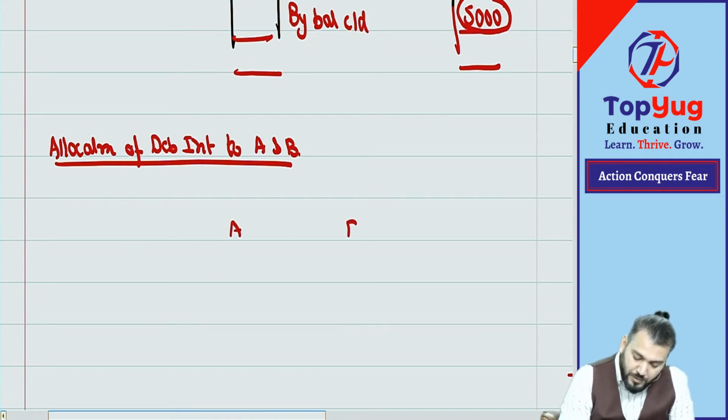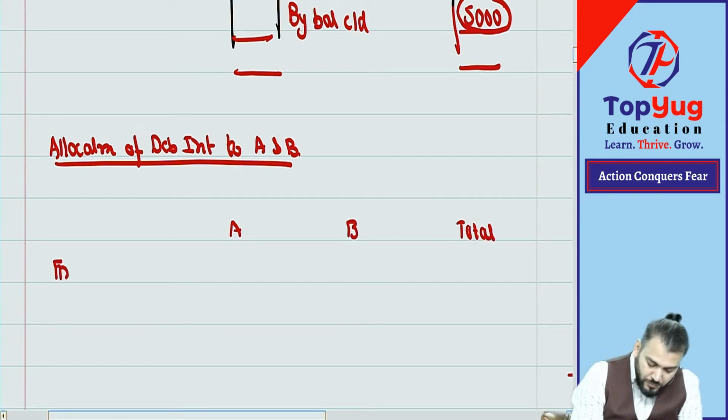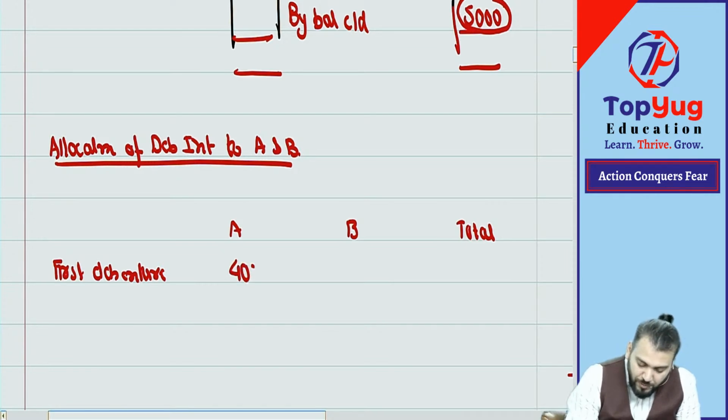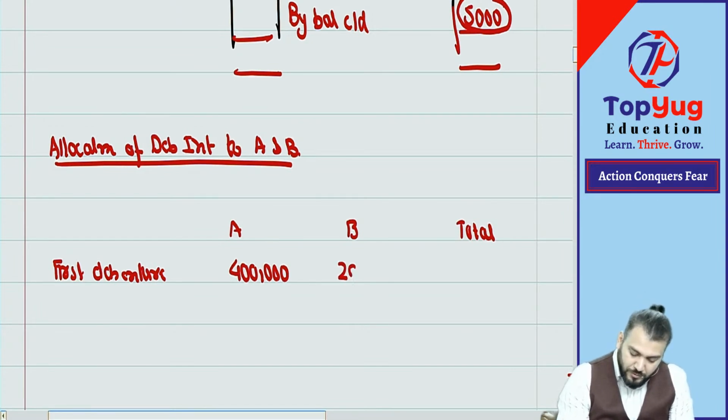A, B, total. बताओ. First debenture how much? A how much? 4 lakh. B how much? 2 lakh. Total how much? 6 lakh.